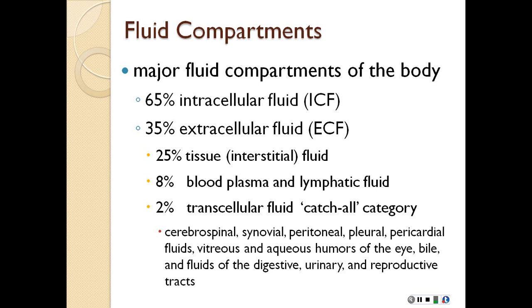Okay, and this further breaks down the compartments that are subcompartments of extracellular fluid. So extracellular fluid is found in tissues. So if you think about it, a tissue is made up of what?